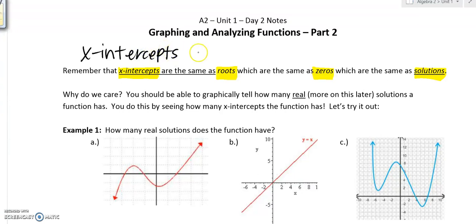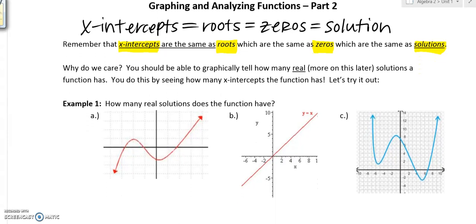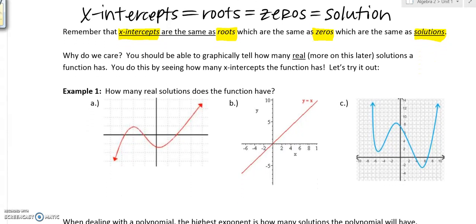I'm going to put equal roots, which also equal zeros, and they also equal solutions. And if you can remember, all of those things are just talking about the spot where the graph crosses the x-axis.